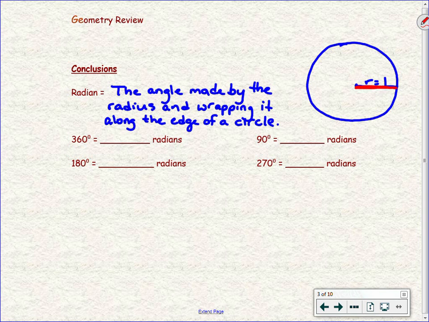If you were to now wrap that along the edge of the circle the same length, it might be there. So that's also 1. Okay. What your radian is, is this angle that's formed. So right there, that's our angle or our radian measure.